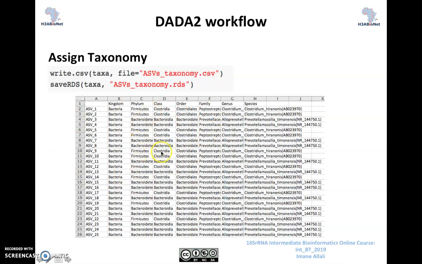It shows you the taxonomy classification for the non-chimeric sequences, and you can also save it as an RDS file. You will be using this file in the downstream analysis.